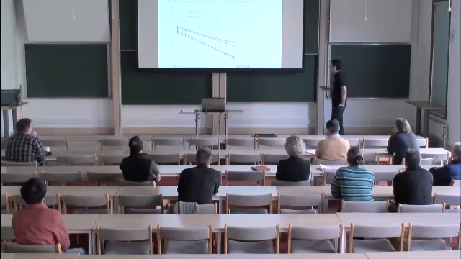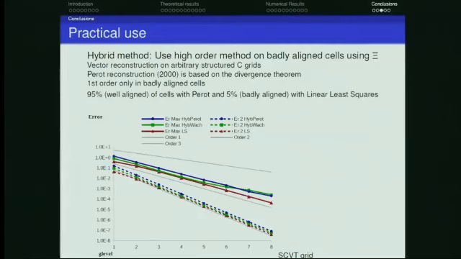And what we get here is this blue line. This one is the maximum error of the Perot, and we get second order convergence in the maximum error, but we have the cost of a method that is 95% very cheap. So we are only spending computational money in the badly aligned cells.